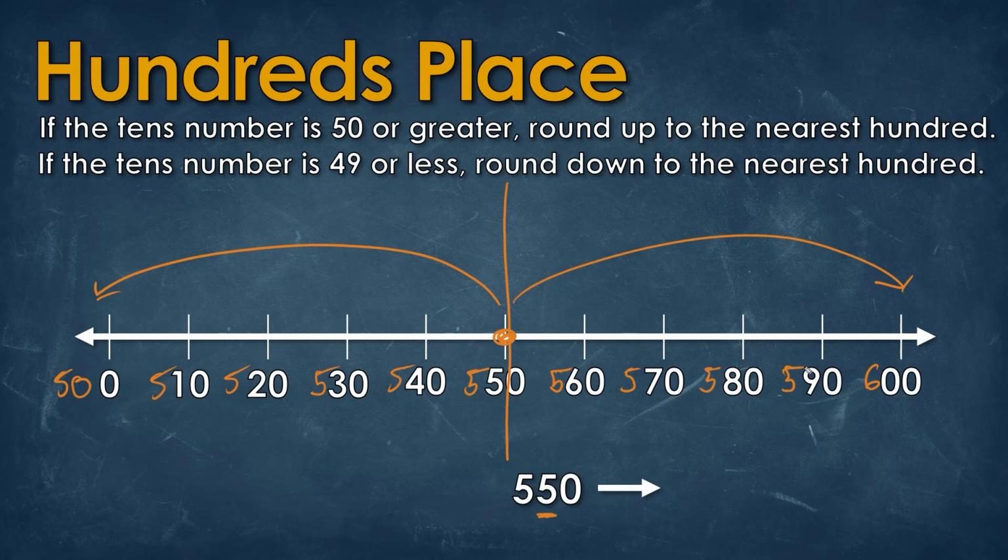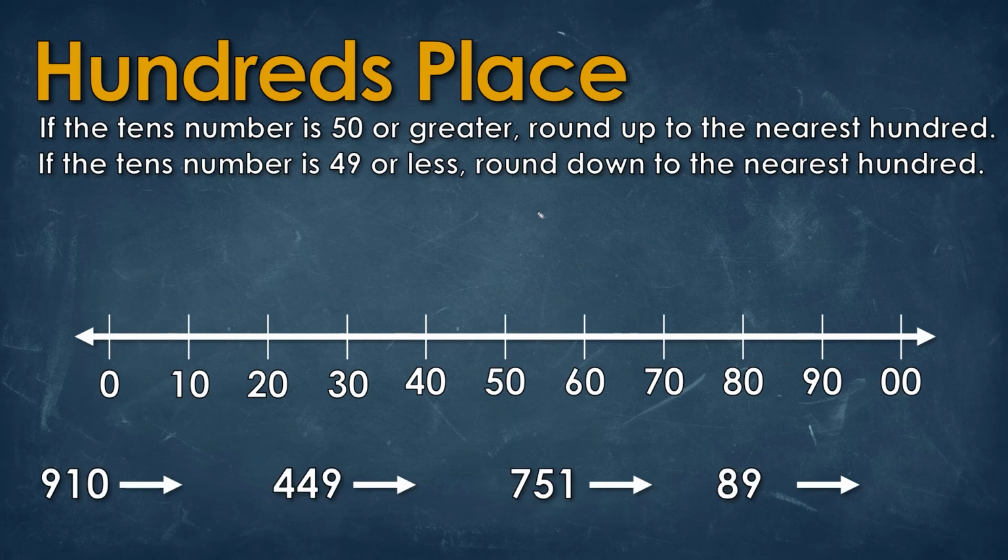Well, the answer is that when it sits directly on that middle line, it actually will go up to 600. At 549, if the value was right here, we would go back to 500. Any value from 550, 551, to 599, all of those values will go up to 600. But if it is less than 550, say 549, or any value lower, we'll go back to 500.